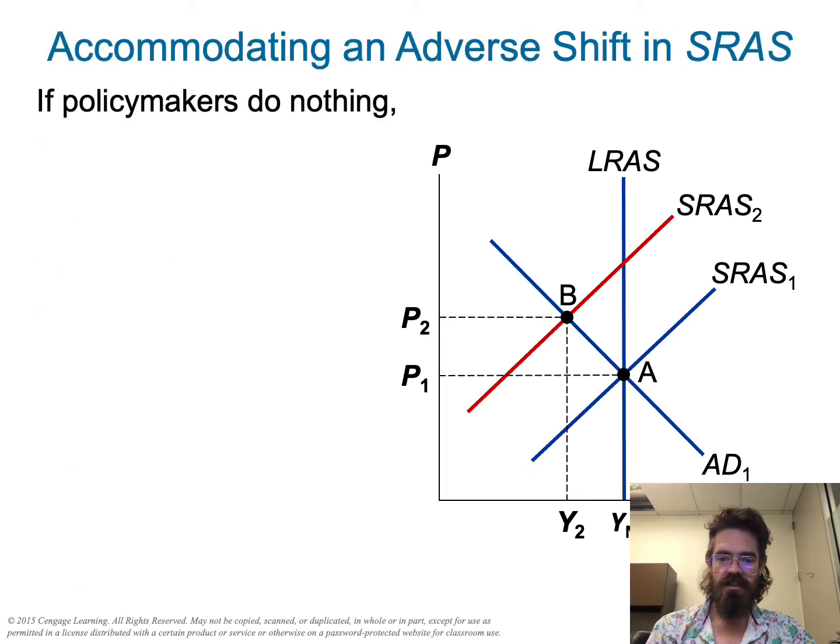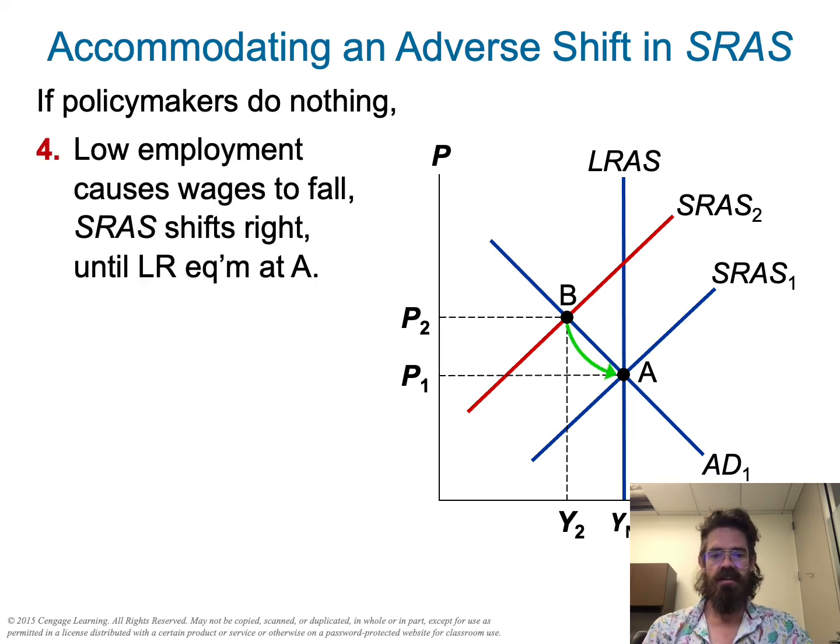Now, if policymakers don't do anything and we just leave the economy to its own devices, we leave it to fix itself, it's going to be the short run aggregate supply curve that gets us back to long run. And so in this case, the short run aggregate supply curve just shifts back to where it was slowly over time, perhaps. Now, the reason that the short run aggregate supply curve is responsible for getting us back to long run equilibrium is what happens in the labor market.